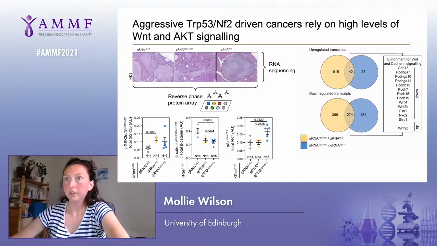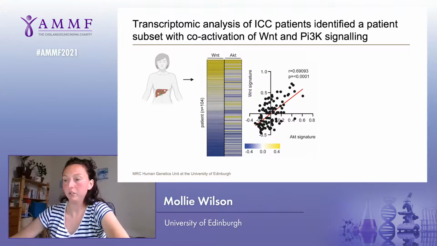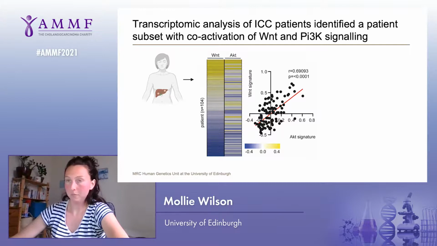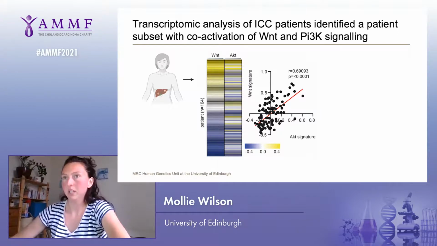So this provided us with enough evidence to look back at our published patient data, at this patient transcriptomic data, and particularly we're interested in the Wnt AKT status of patients' tumours.